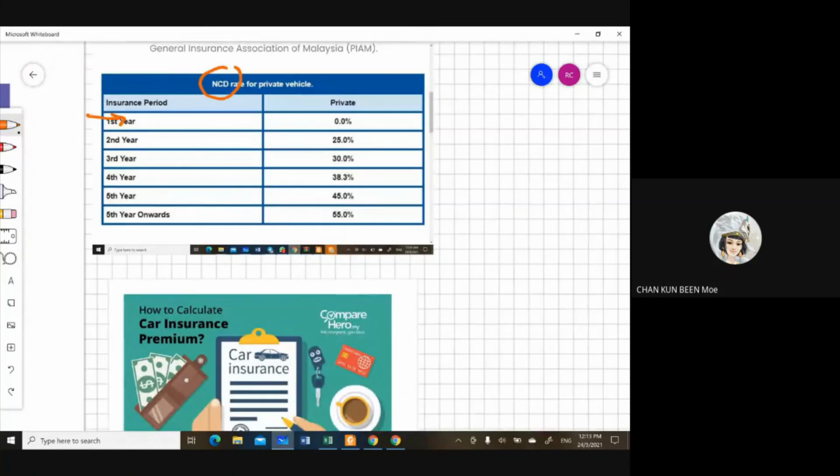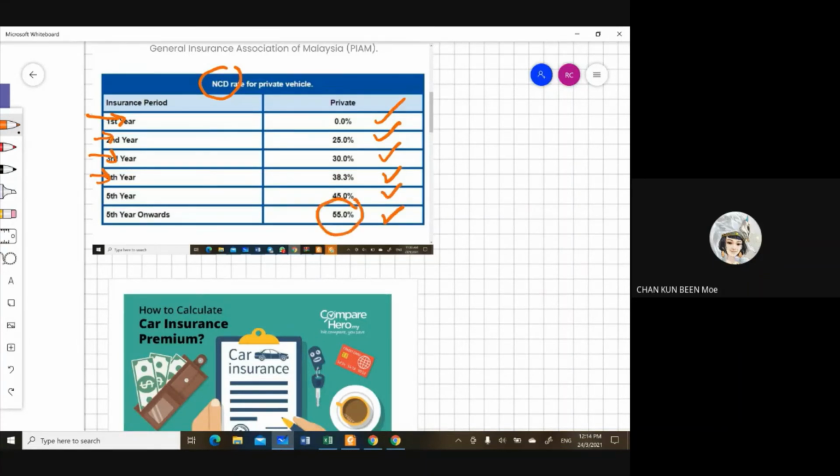For the first year, it's 0%, meaning that you have to pay full for the sum assured. For the second year, when your car is 2 years old, you will have a discount of 25%. Okay, when your car is 3 years old, you will have a discount of 30% for the premium. And then continuously, 4th year, this is the percentage. It is fixed until the 5th year and onwards.